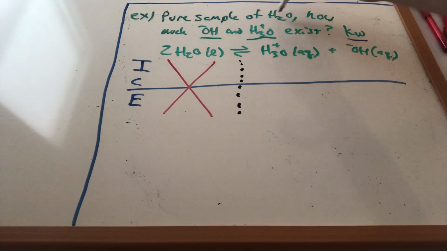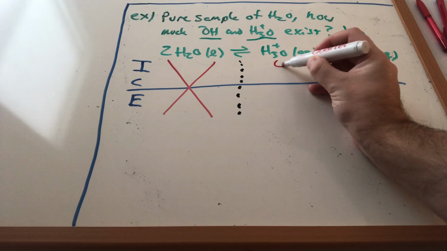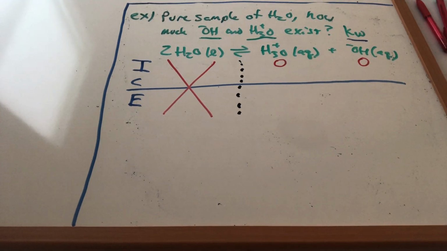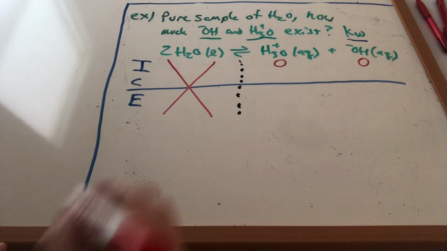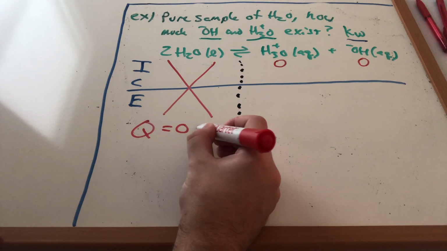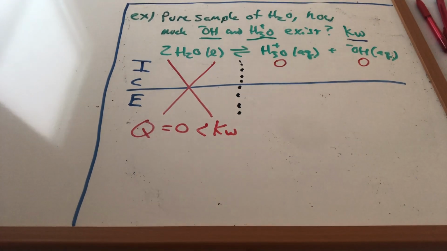Given that it's a pure sample of water, how much H3O plus is there to start? None. How much OH minus is there to start? None. What's Q in this case? Q is equal to 0, so Q is definitely less than Kw. So which way does the reaction go? The reaction goes this way.